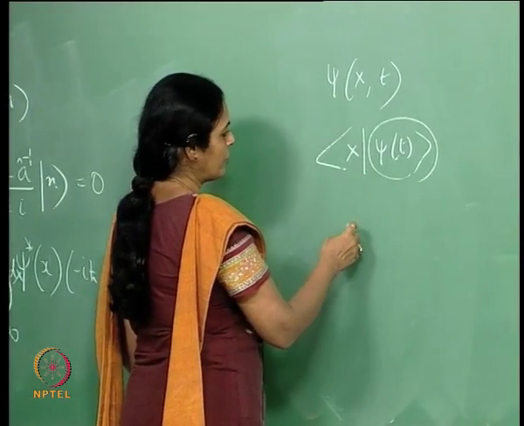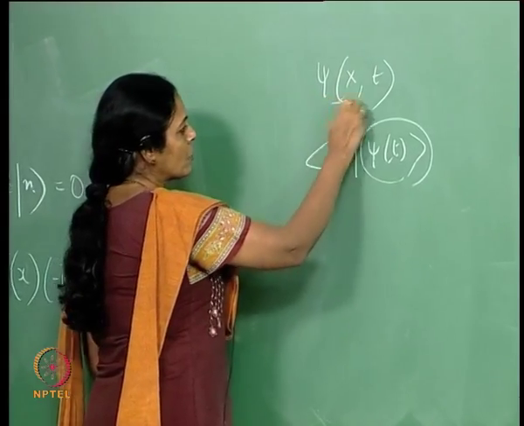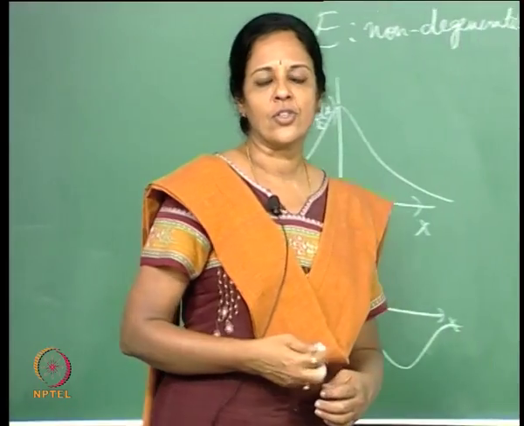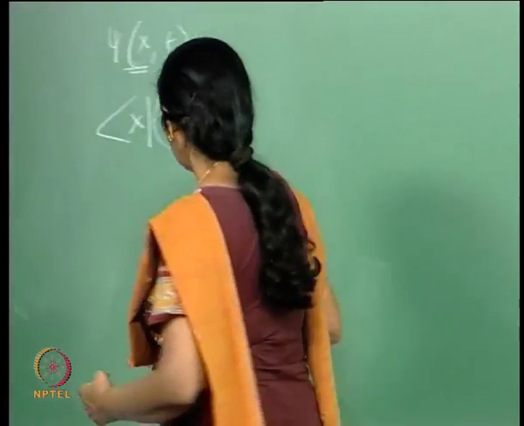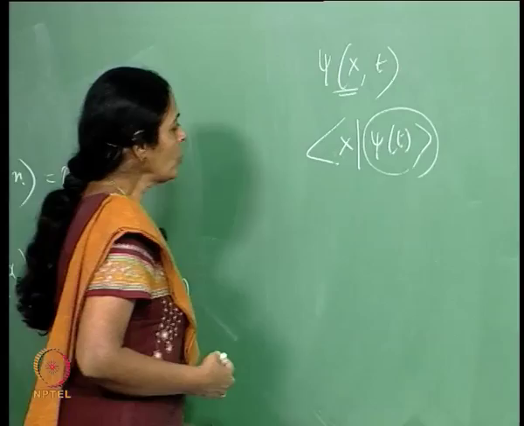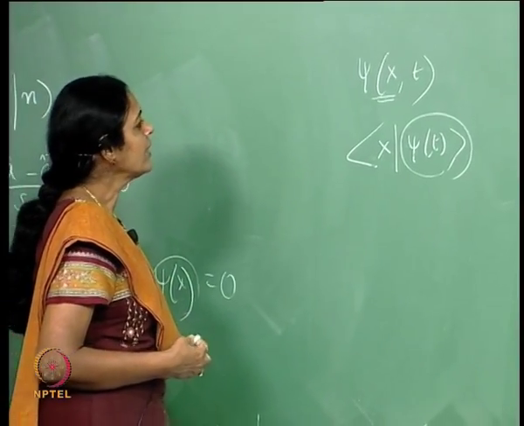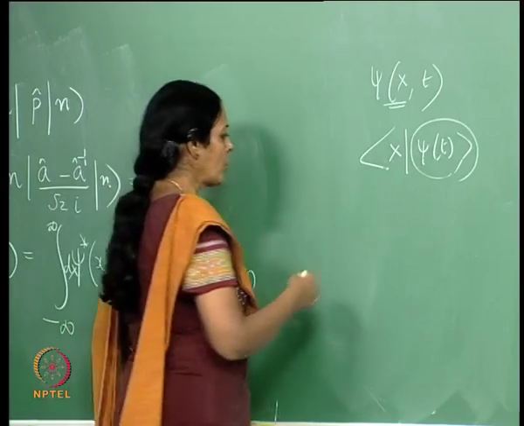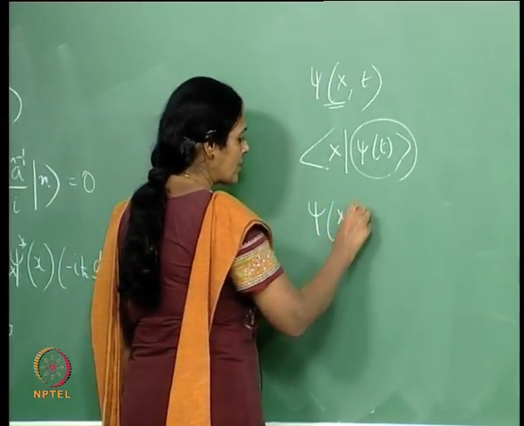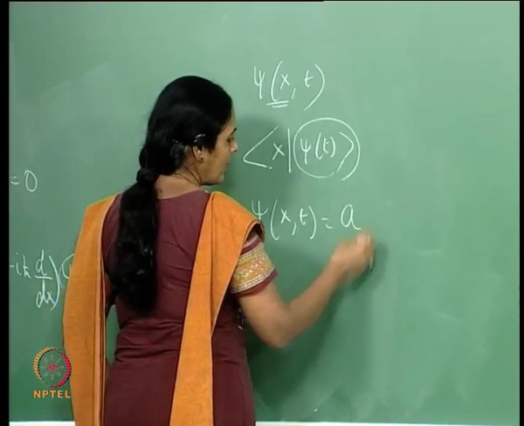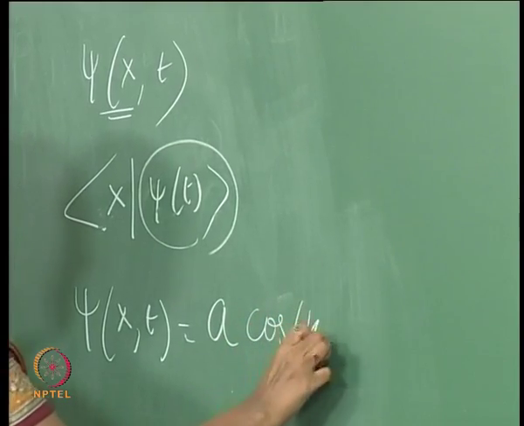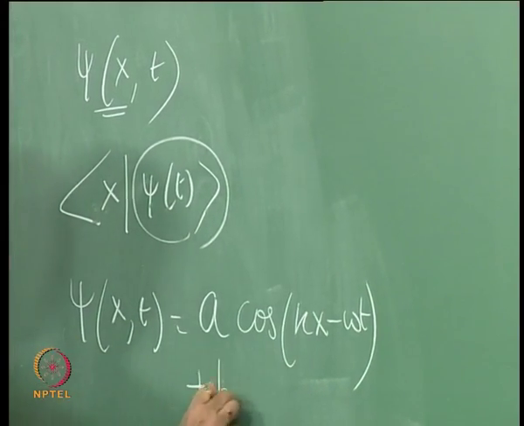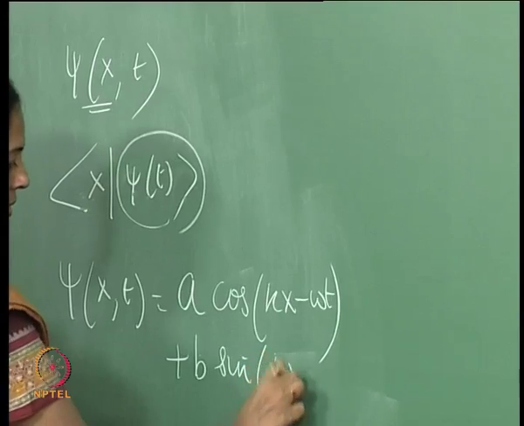Now, in general, therefore, I would like to attempt to write an equation for psi of x comma t. It turns out that this is the Schrodinger equation. I use the fact that in general psi of x, t, going back to the free particle, is a harmonic wave, and therefore psi of x, t would be a cos(kx minus omega t) plus b sin(kx minus omega t).